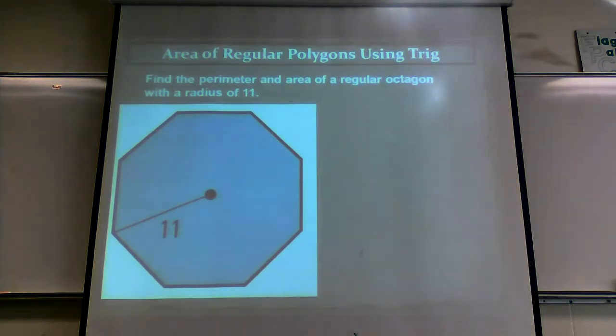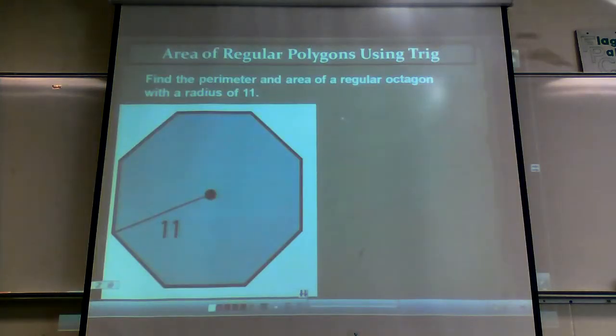Like I said, you don't want to draw out the actual octagon. It really doesn't matter if you do or not, because if I'm finding area and perimeter of this, and I tell you it's a regular shape, you're always going to be setting up one triangle to work with, right?